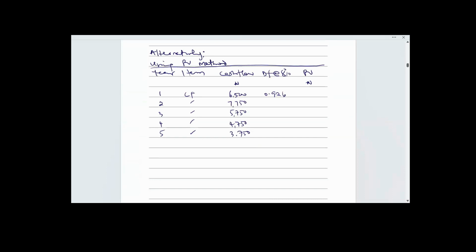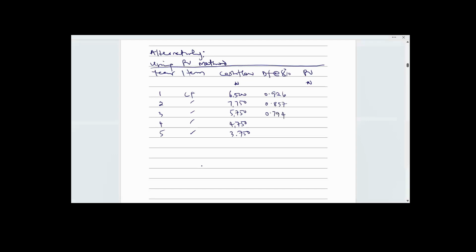I would then say 1.08 raised to power 2 minus equal 0.857. Here is 0.857. Year 3, 1.08 raised to power 3 minus equal 0.794.